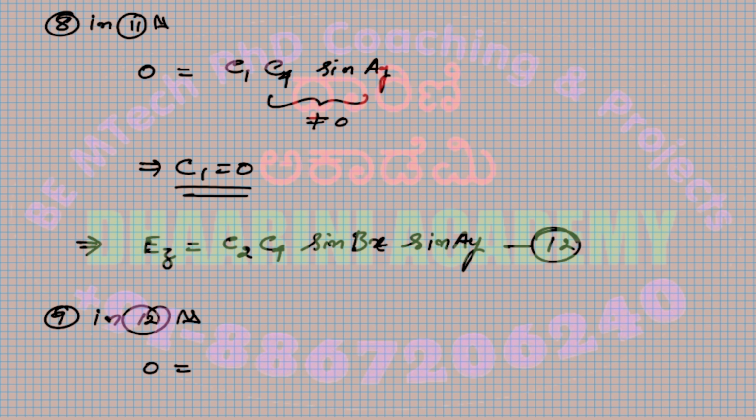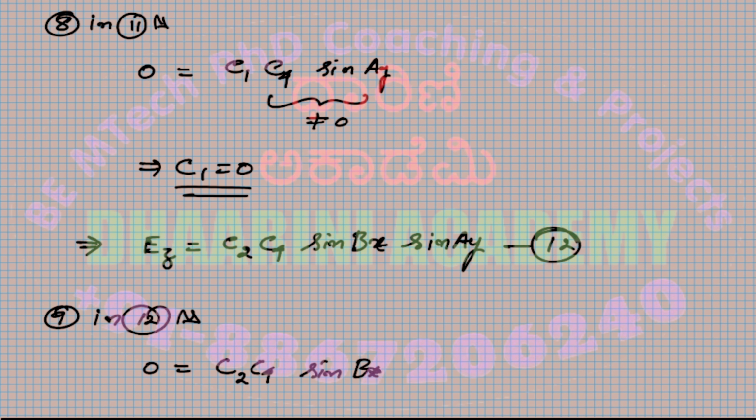Yes. So y is fixed, so I have to put a y value equal to b. x varies, so I cannot put any value to x as of now. So let's keep it as it is. So 0 is equal to C2 C4 sine bx. I cannot touch this, but I can definitely write sine ab.